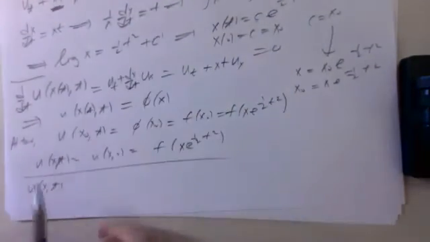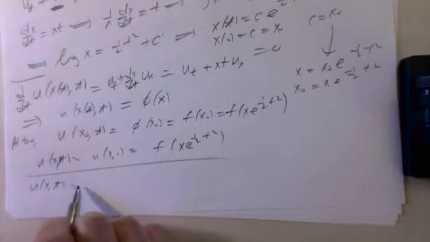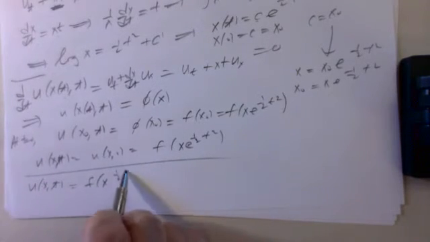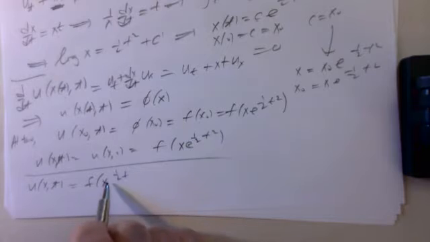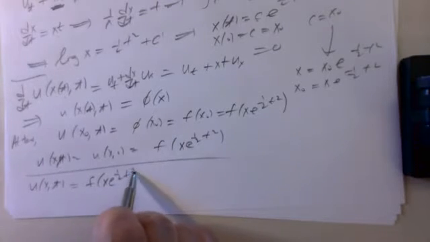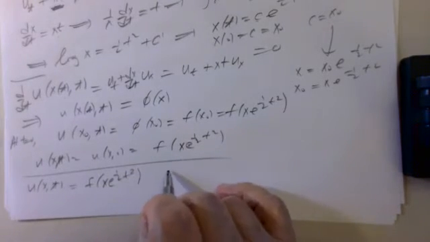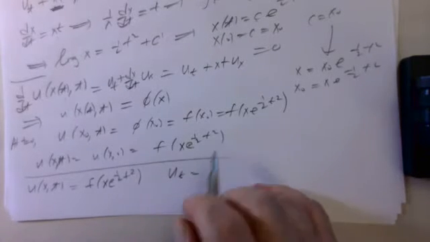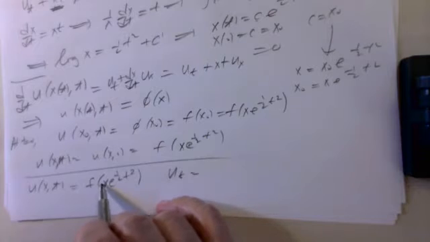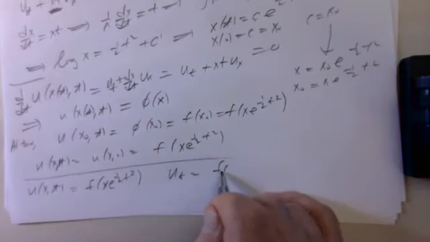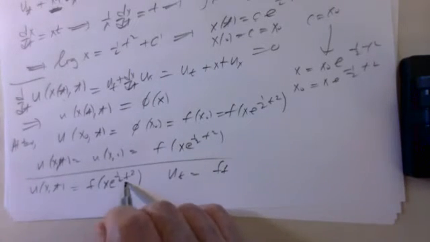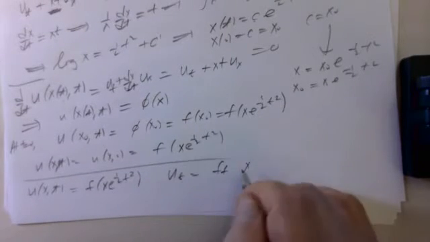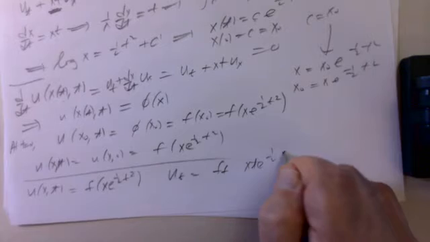But whatever that function f is, if we let u of x,t be equal to f of x e to the minus 1/2 t squared, if I differentiate u with respect to t, I get the derivative of f times the derivative of this with respect to t, which is minus xt e to the minus 1/2 t squared.